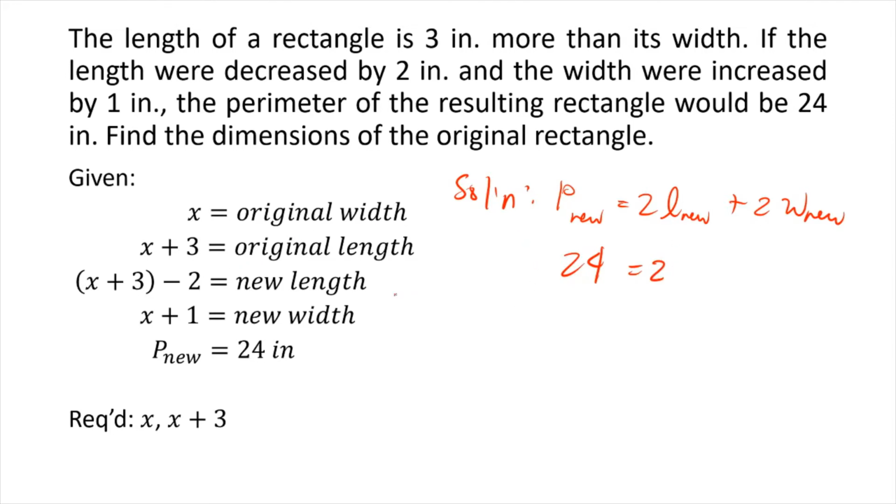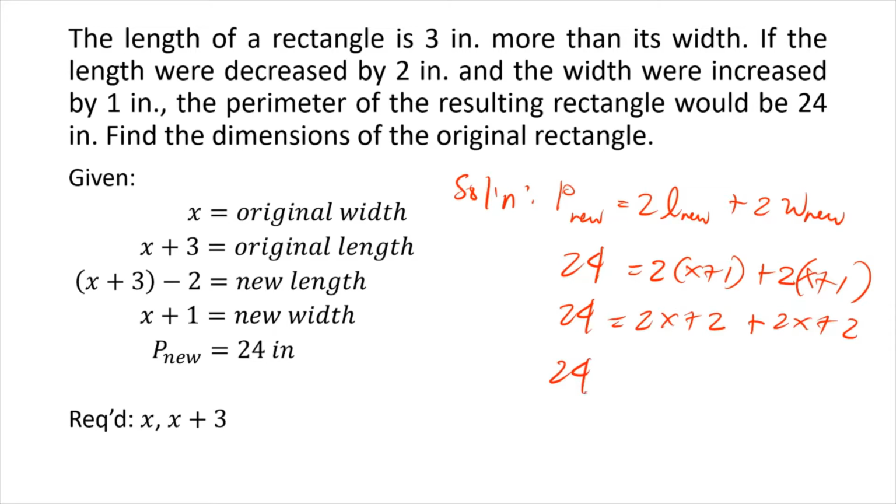So x plus 3 minus 2, we can simplify this one as x plus 1, plus twice the width of the new rectangle. And the width of the new rectangle is also x plus 1, right? So 24 equal to distribute, so we have 2x plus 2 plus 2x plus 2.